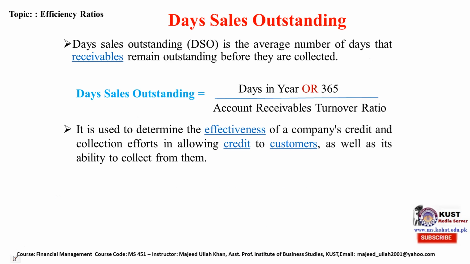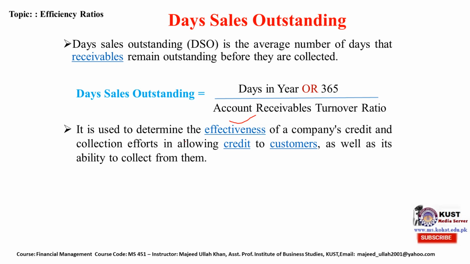What is the usage of this ratio, days sales outstanding? It determines the effectiveness of the company's credit and collection efforts, in allowing credit to the customer as well as its ability to collect from them. What effectiveness?